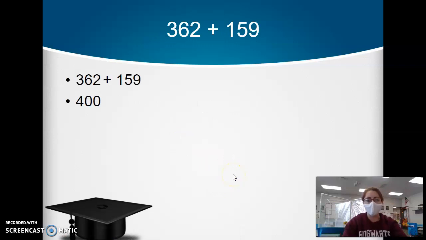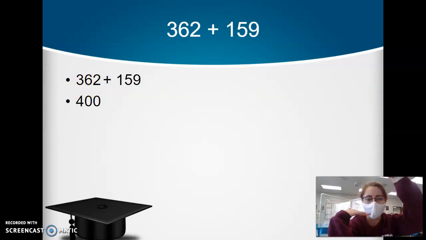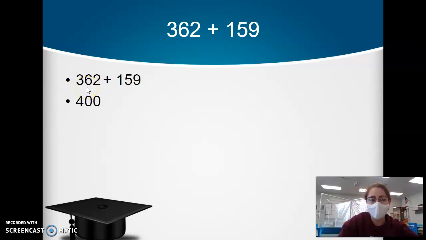All right, let's look at this. 362 plus 159. So you're going to practice rounding, all right? 362 is closer to 300 or 400. Remember, you look at the 6 in this one. So 6 goes up, which means the 300 goes up to 400.